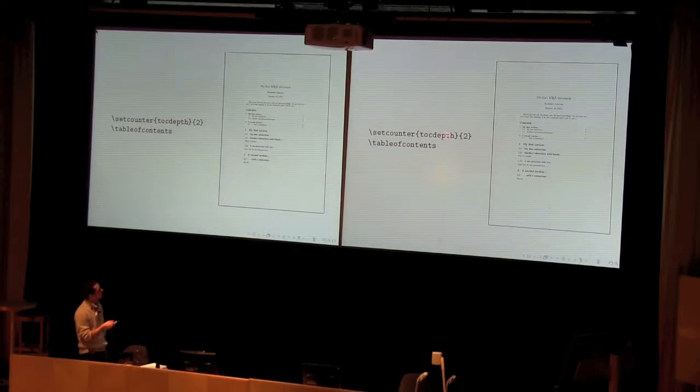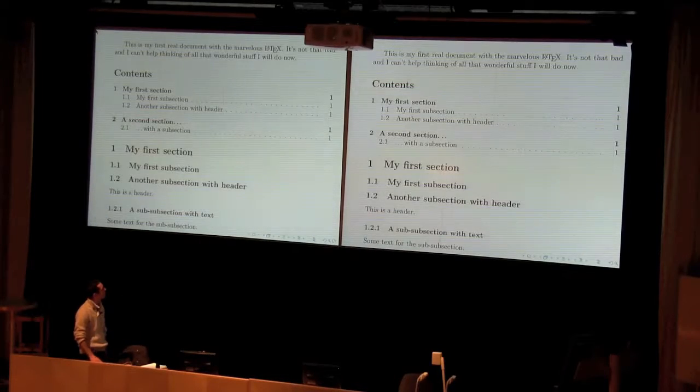So we changed the depth of the table of contents with this counter, and we don't want it to go further than the subsection. I mean the sub-subsection is removed here, and it does exactly what we wanted.